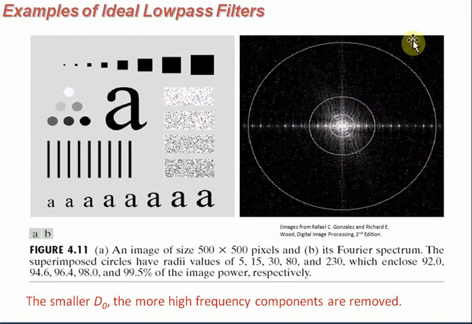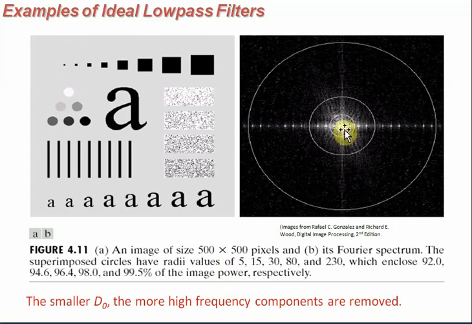This is the Fourier spectrum, and these are superimposed circles with radii values of 5, 15, 30, 80, 230. See, this is the circle with radius 5, this is 15, next one 30, next one 80, and next one is 230. So if I take the radius 5, that has 92% of the image power.